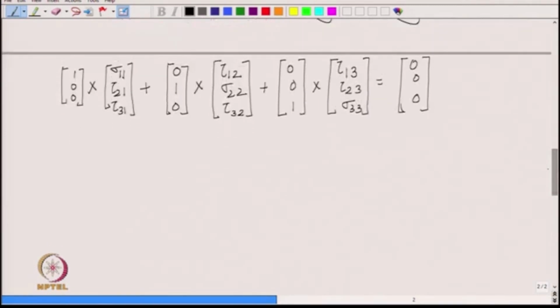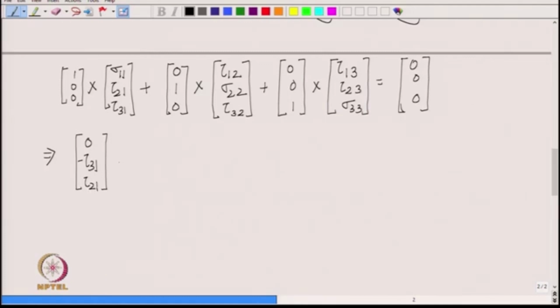Right. Let us work out the cross product and see what we get. The first term gives us 0, minus tau 3 1, and tau 2 1.